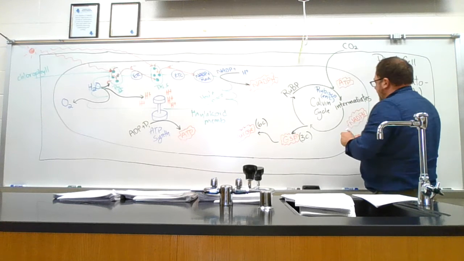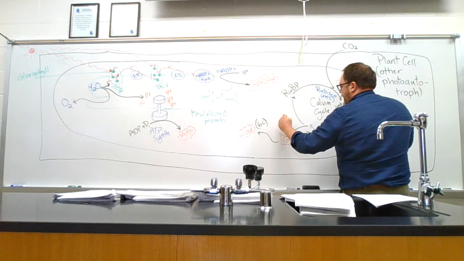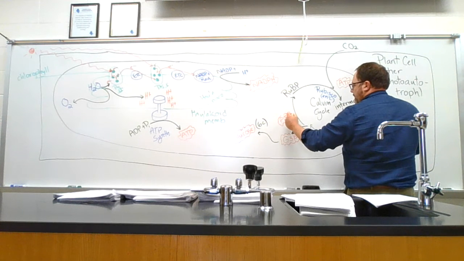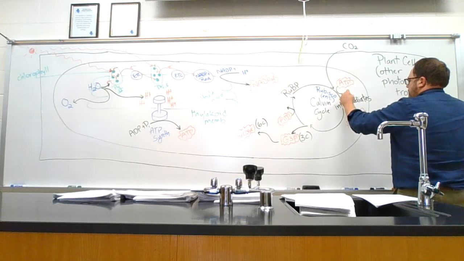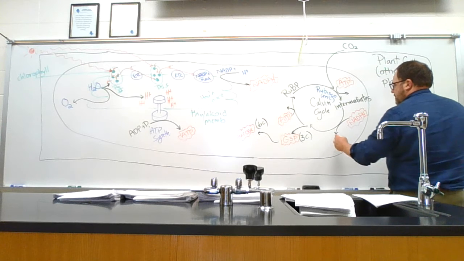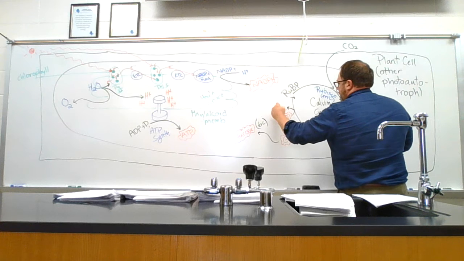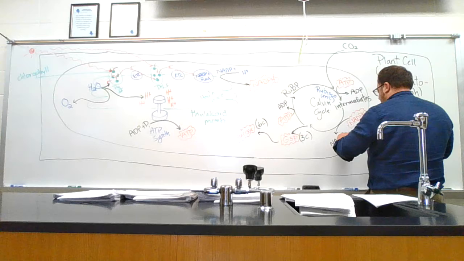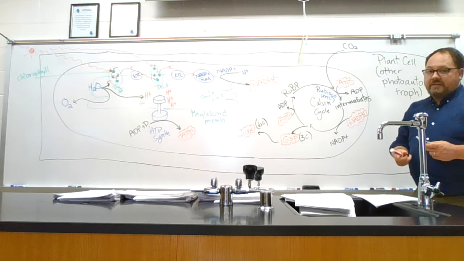Now, to regenerate the cycle, we are going to use a little bit more ATP to rearrange the molecules that are left back into RUBP. So ATP is used, NADPH is used. This will recycle ADP and NADP plus. And then these molecules can go back and be regenerated back in the light reactions.